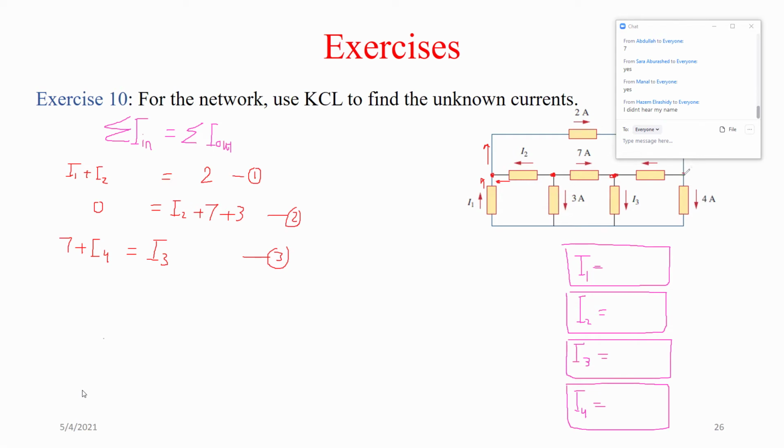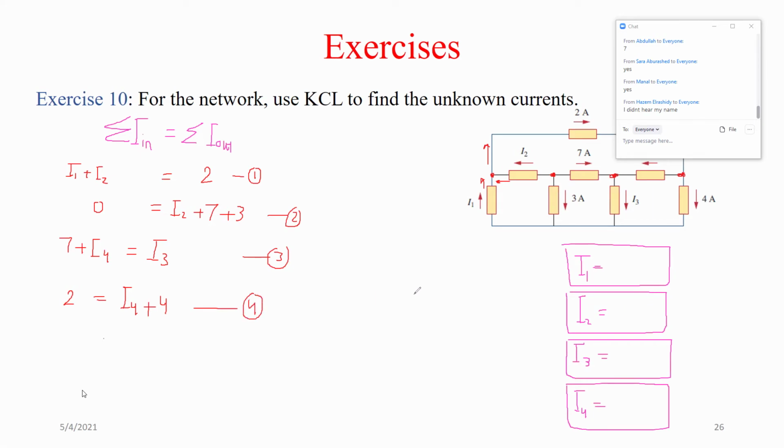Now the fourth one, because we need 4 equations to find those 4 unknowns. In the fourth one, 2 ampere is coming, and I4 and 4 are leaving. So from here, 2 is the only coming current, and here, I4 and 4. This is the fourth equation.